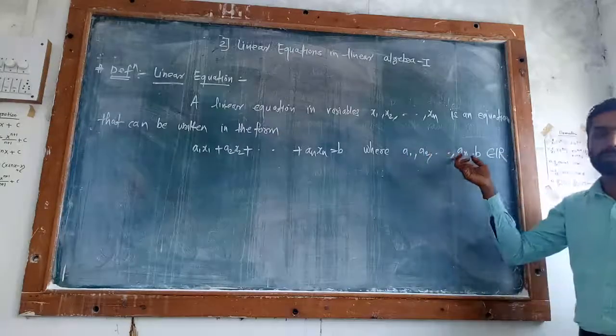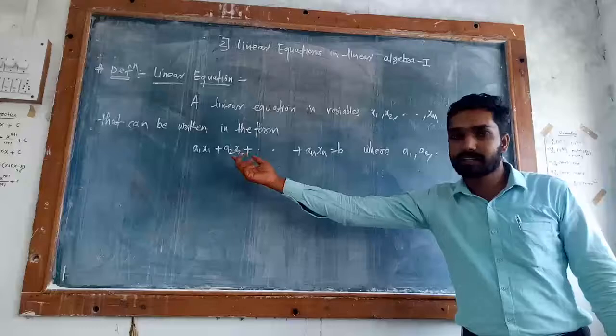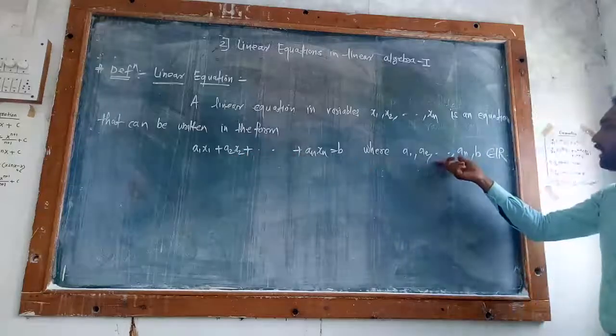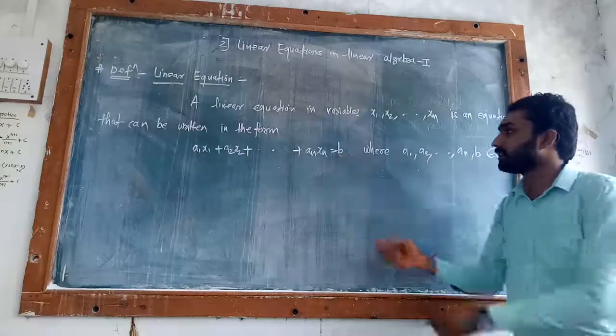Here a1, a2 up to an are your coefficients, and your right hand side is b.